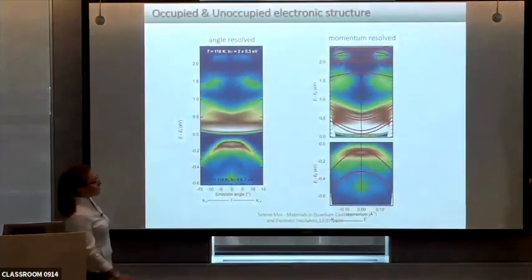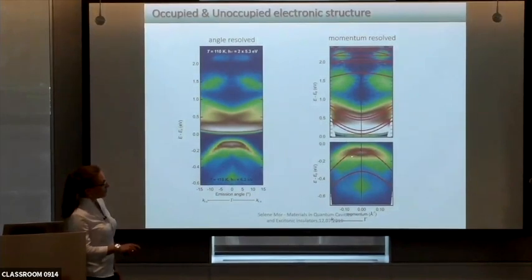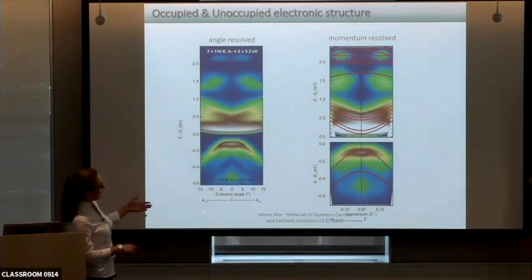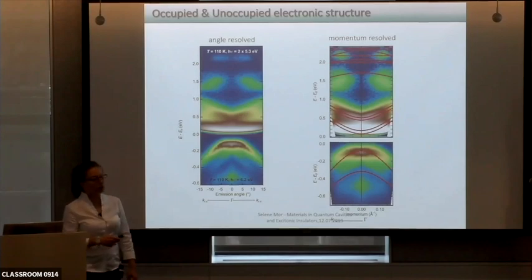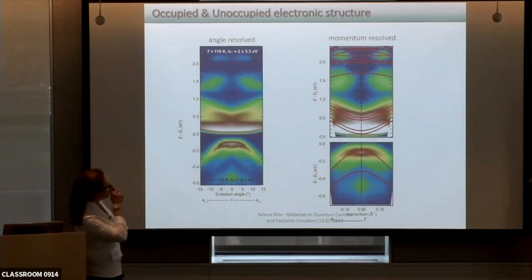Okay. So the valence band, this is emission angle and this is in momentum, but we would already say the dispersion of the valence band, I mean, the scale is not the same, so the dispersion of the valence band is higher than the dispersion of the conduction band. Wait a second. It's the opposite.